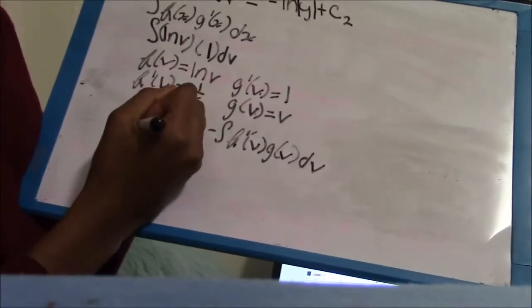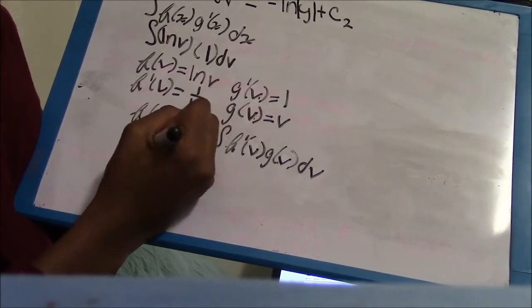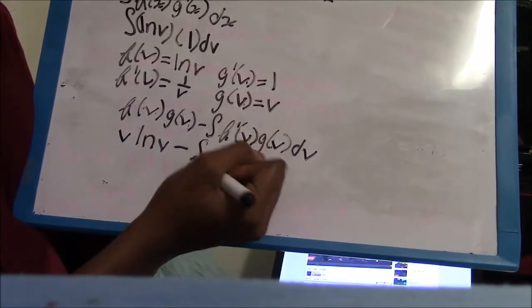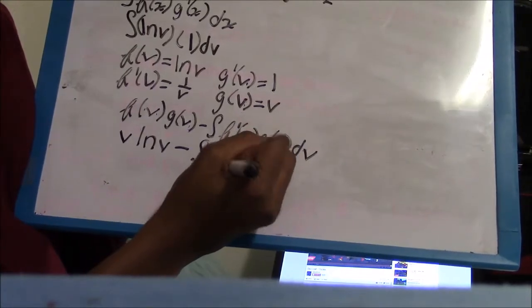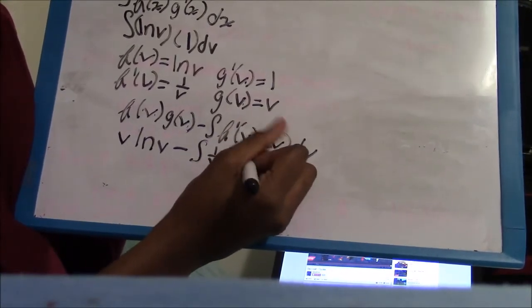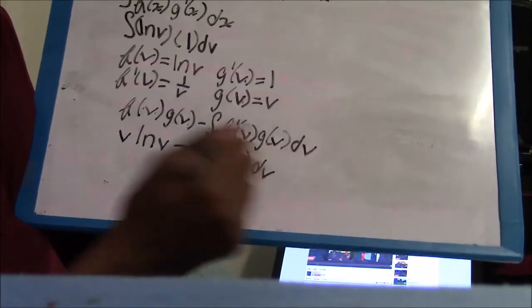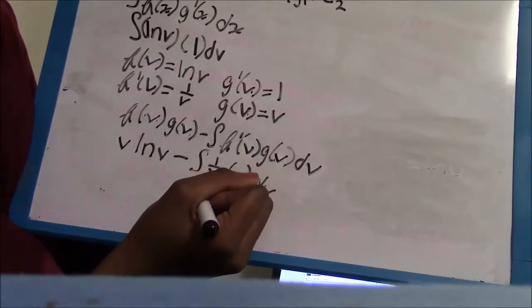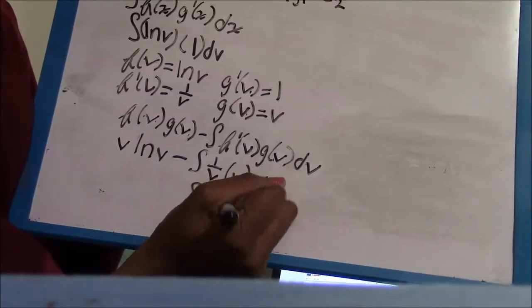So looking at this, we can just plug it in. The integral is going to be v times ln of v minus the integral of 1 over v times v dv. If we multiply these, it's just going to be 1 because they cross out, so it's basically just dv.